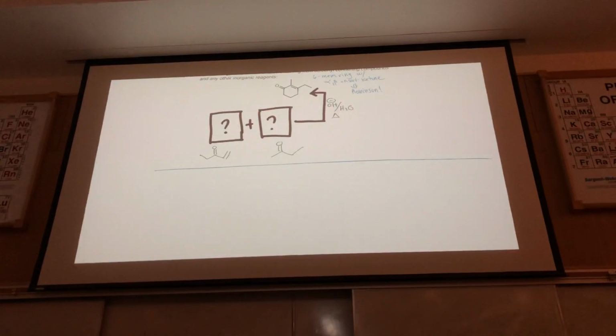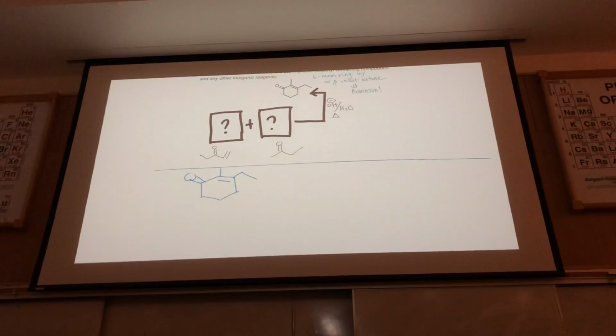Okay, so I'll redraw the molecule because I'm gonna start highlighting a few key pieces of it. And so I have my alpha beta unsaturated carbonyl and a 6-membered ring. And if I remember the 3 steps of the Robinson, it's Michael, aldol, dehydration, right? So if I'm trying to work backwards, I'm thinking dehydration, aldol, Michael, okay?